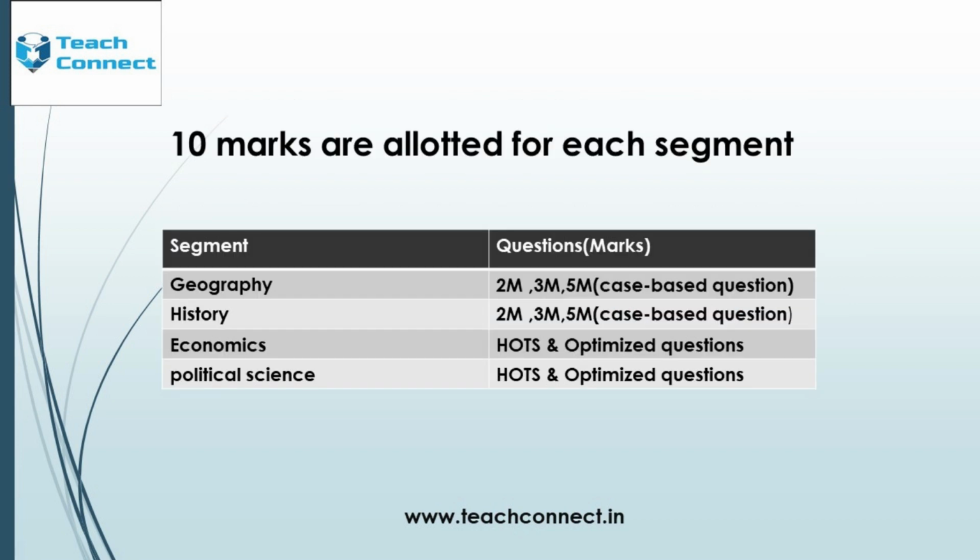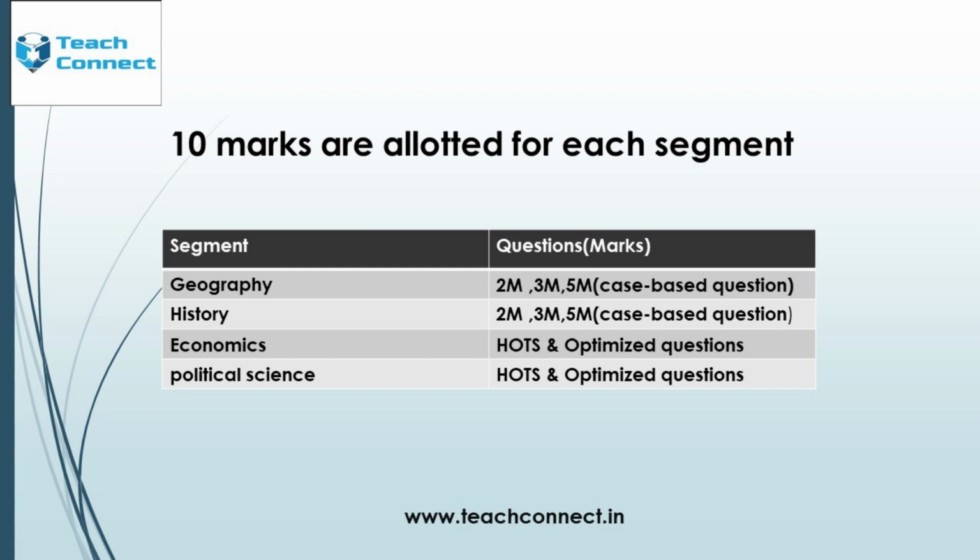It is observed that 10 marks are allotted for each segment, that is geography, history, political science, and economics, with a 2 marks, a 3 marks, and a 5 marks question for every segment.